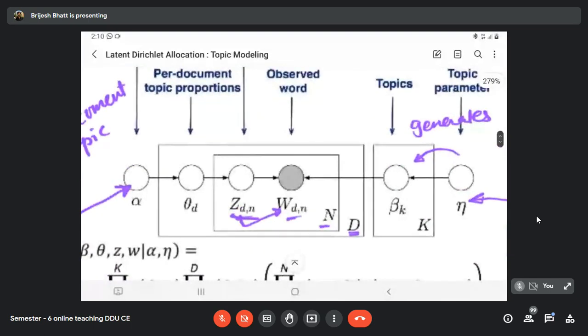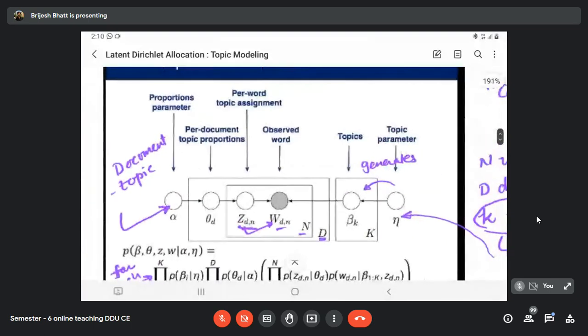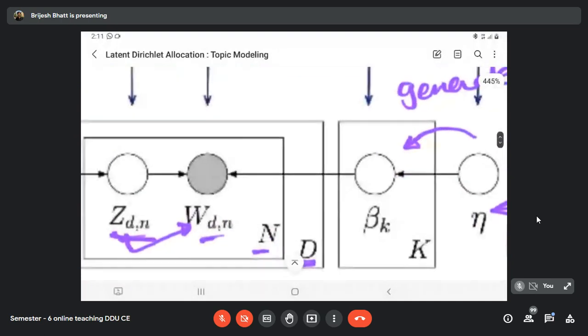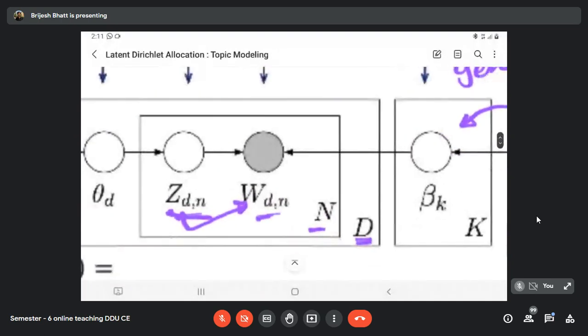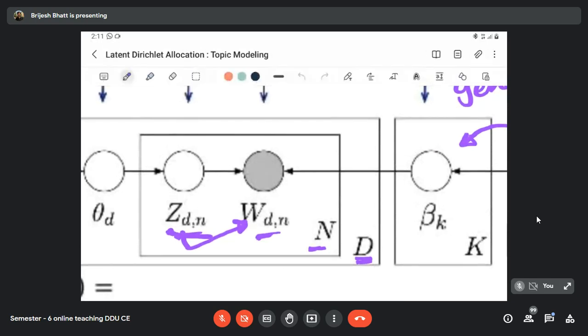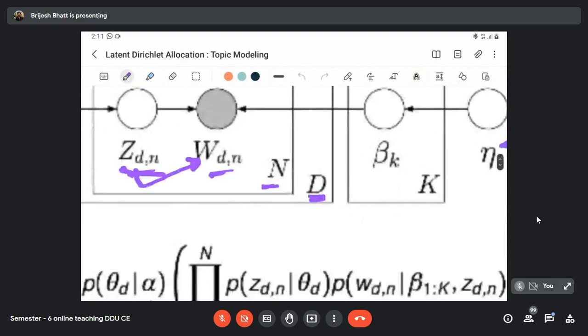Graphical model and plate notations are already known to you. We are looking at a graph where we have k topics. So k is the number of topics, D documents and n words.